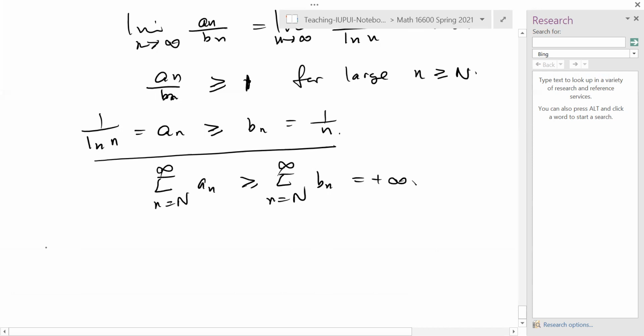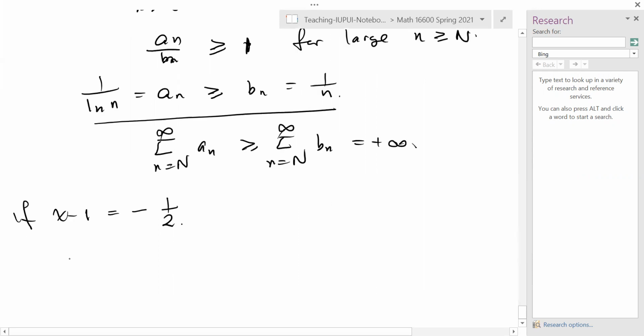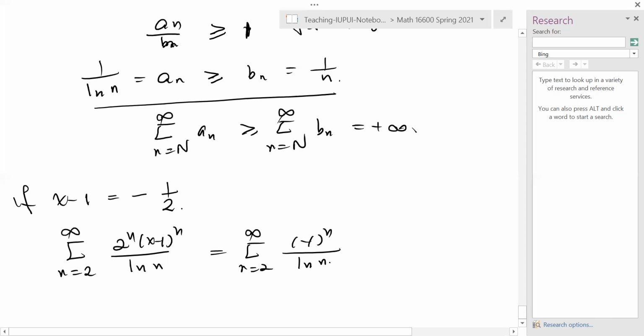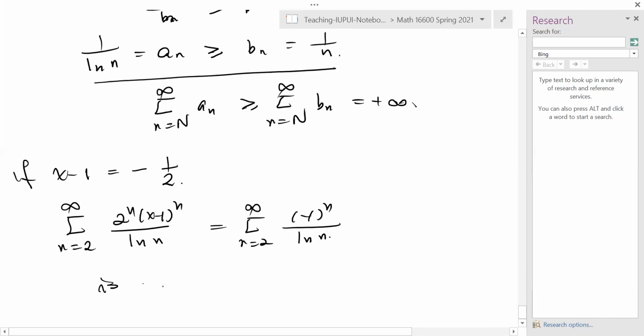All right, so now let's look at the case x minus 1 equals -1/2. If it's equal to -1/2, then this series is going to be an alternating series, and clearly it's convergent.